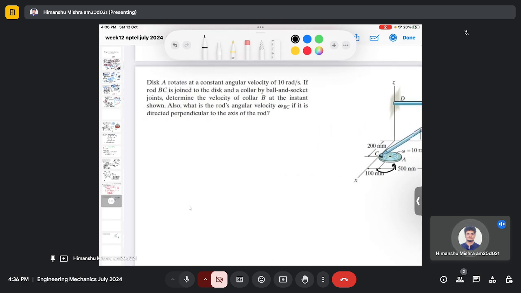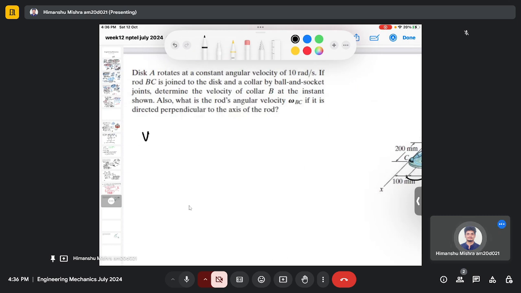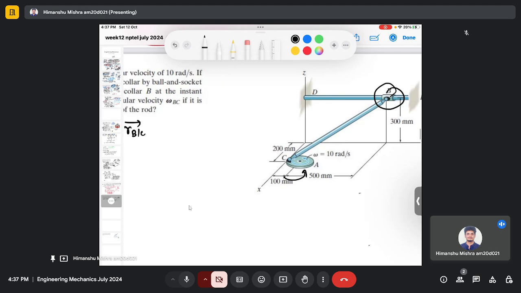So to determine the velocity at point B, we will have VB equals VC plus omega BC cross R_B/C, right? This is what we have done previously when we were solving the relative velocity concept.